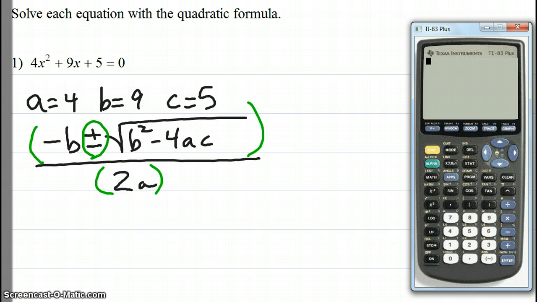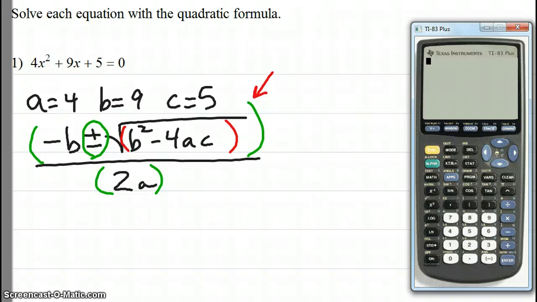And one other point with your calculator is when you hit the square root sign, a parentheses will automatically come up. So you will have to end that parentheses for the square root and then end the parentheses for the numerator. So I'll show you how all this substitution goes, then I'll show you how to plug it into the calculator.